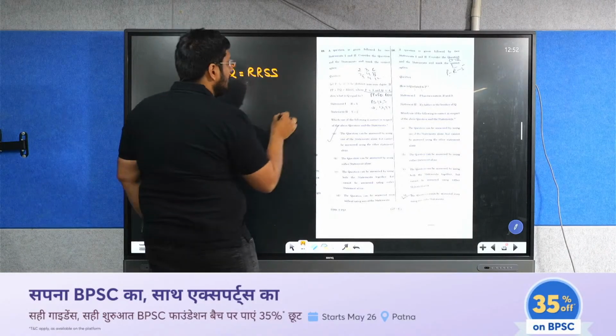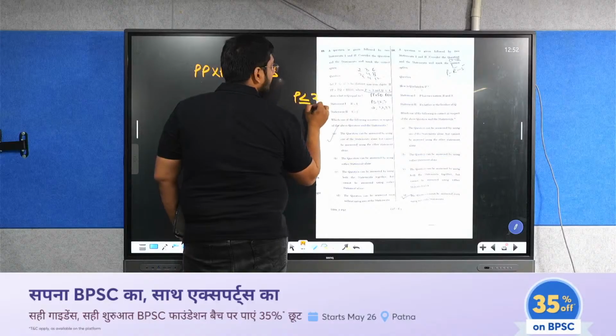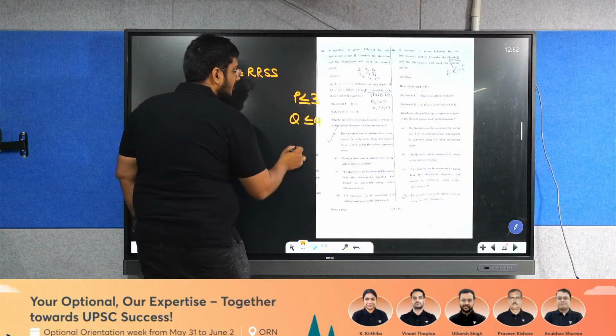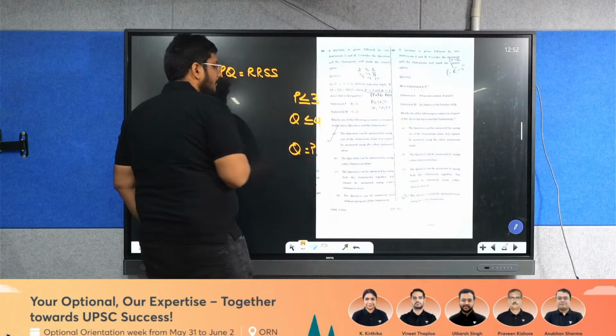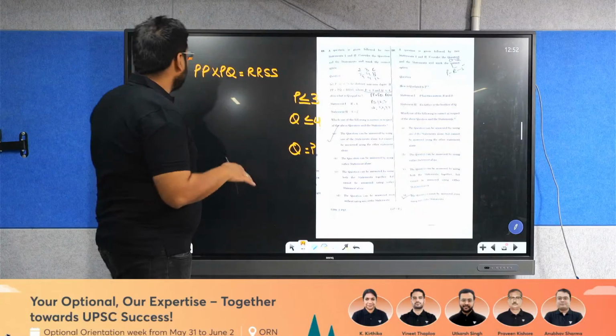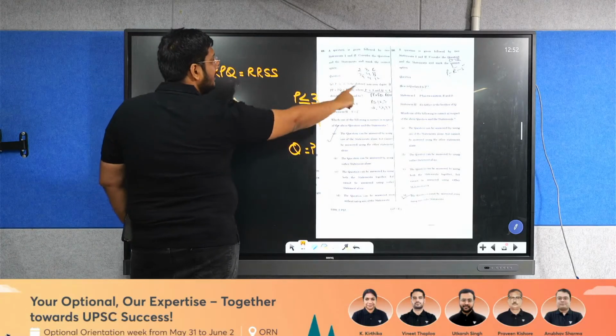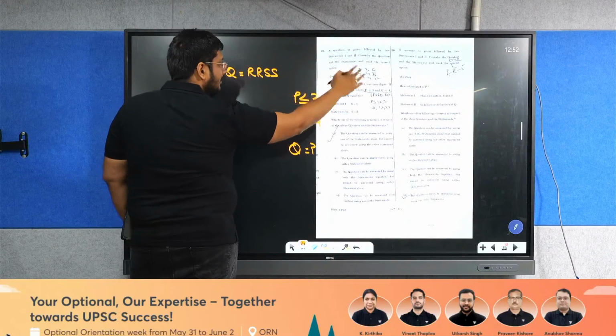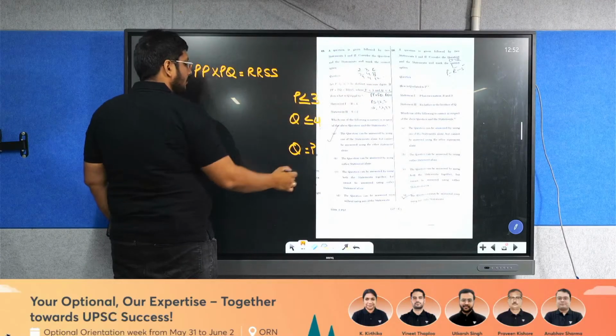P is less than or equal to 3. Q is less than or equal to 4. We have to find the value of Q. P can be either 1, 2 or 3. Q can be 1, 2, 3 or 4.